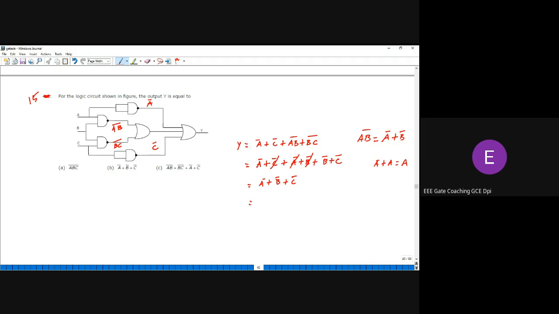So I can write it as ABC the whole bar. Okay. So all the options are correct. Option D, all the above.